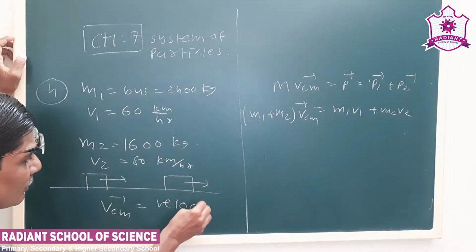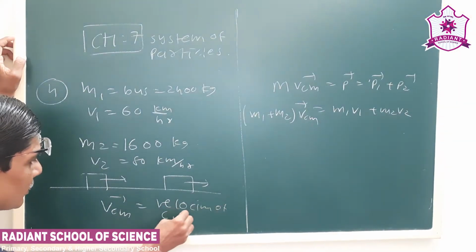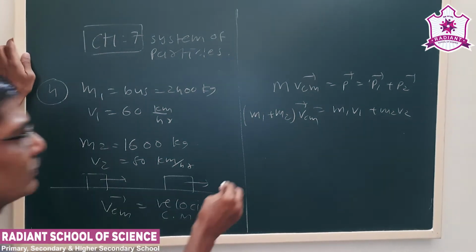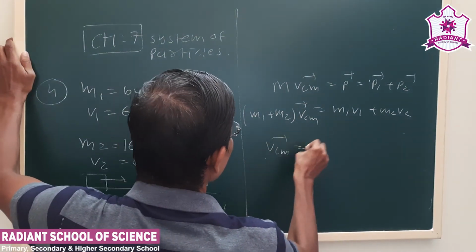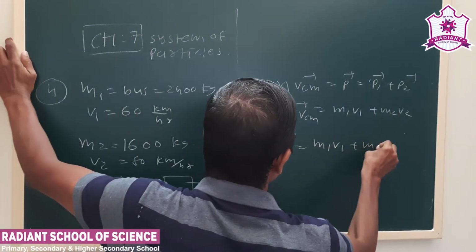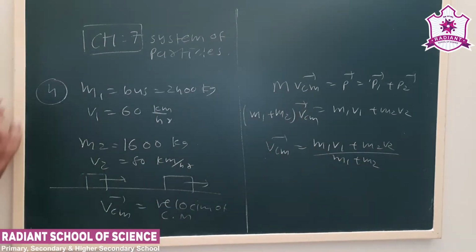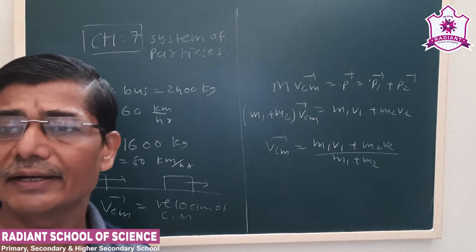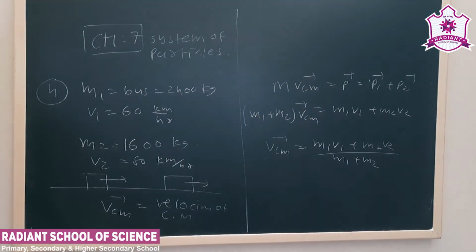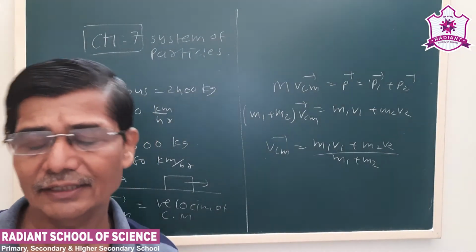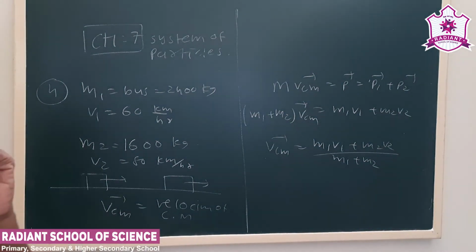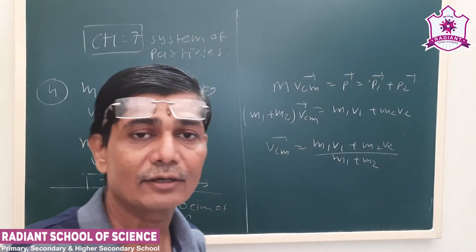Here two objects are moving in the same direction. When the given vectors are in the same direction, we can treat them as scalars, so the arrow is not shown.